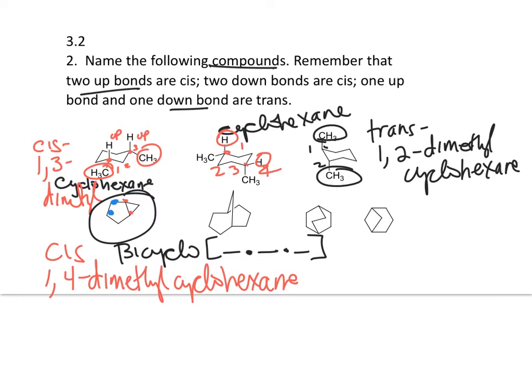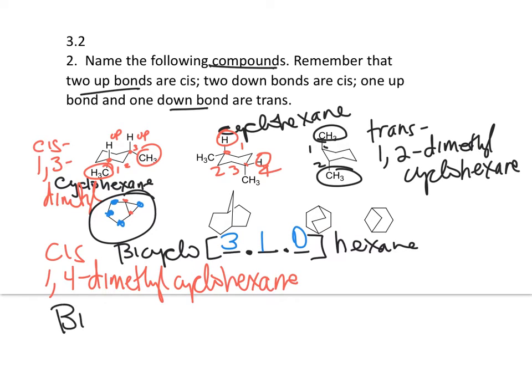So that's 1, 2, 3. So that would be a 3. And then the next ring, it's 1. And then the last ring, it's 0. So it's 3, 1, 0. And then you count the total number of carbons. You have 1, 2, 3, 4, 5, 6. So that would be hexane. So it would be bicyclo[3.1.0]hexane.